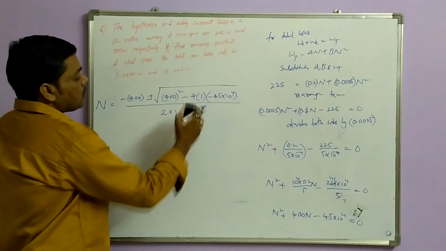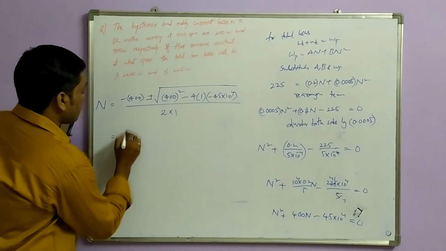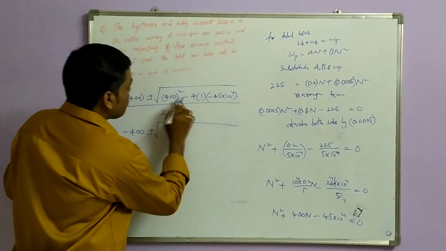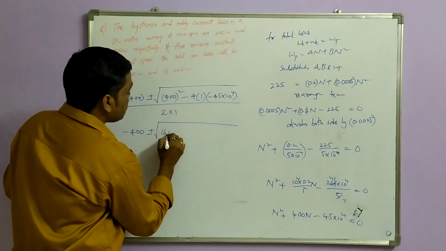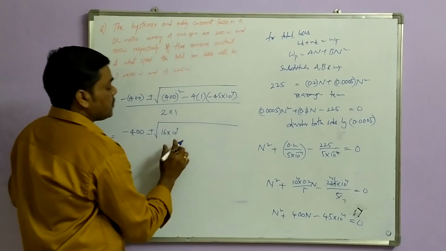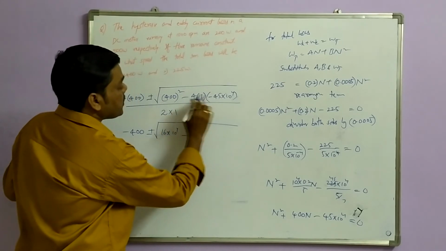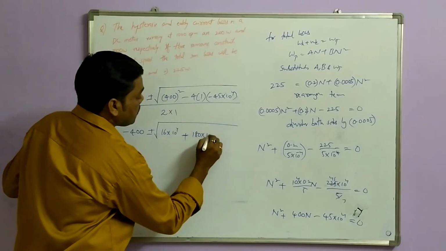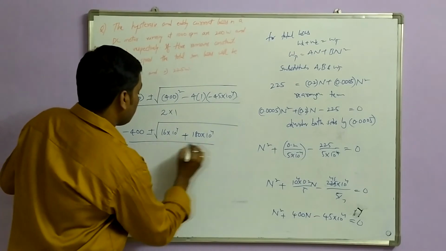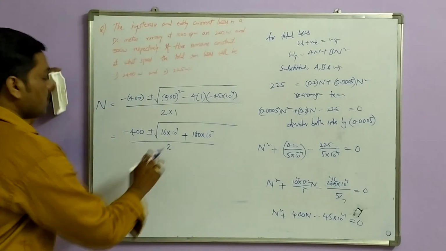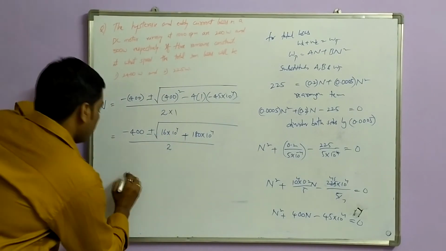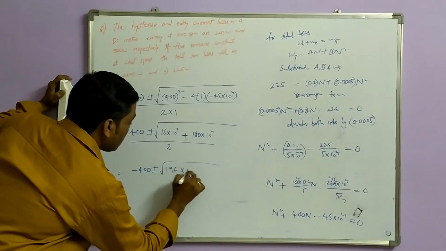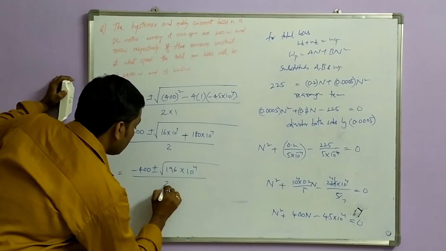Now minus 400 plus or minus root of 16 into 10 power 4, plus 4 into 45, it is equal to 180 into 10 power 4, divided by 2. Now 16 plus 180 is 196. So minus 400 plus or minus the root of 196 into 10 power 4, divided by 2.